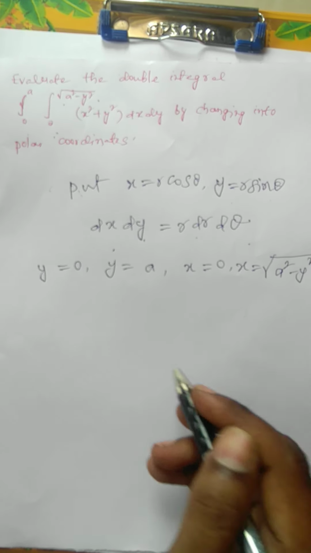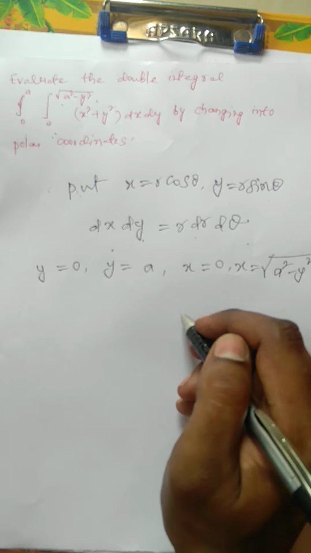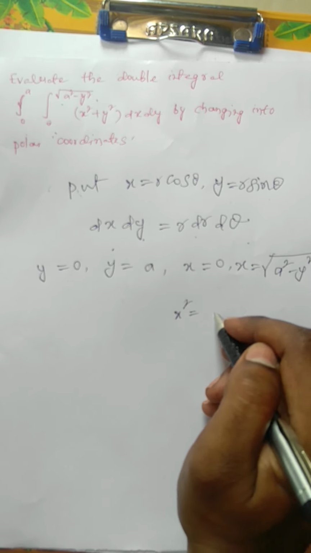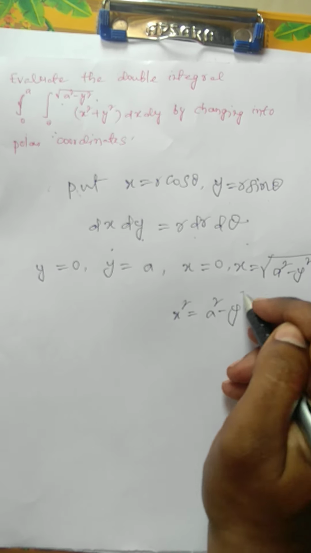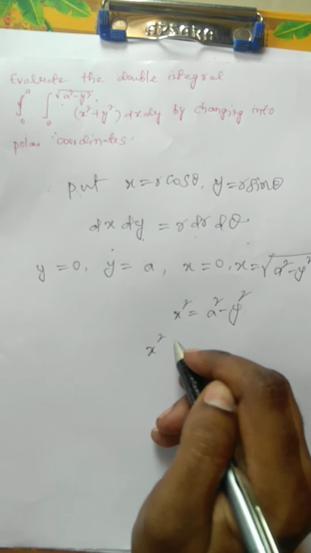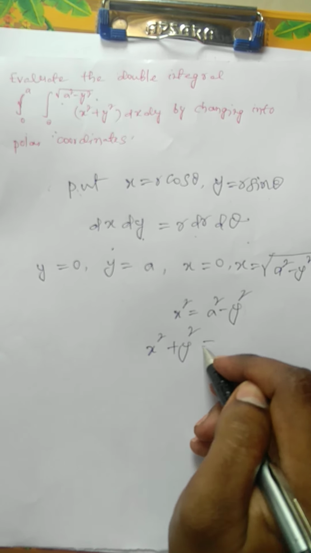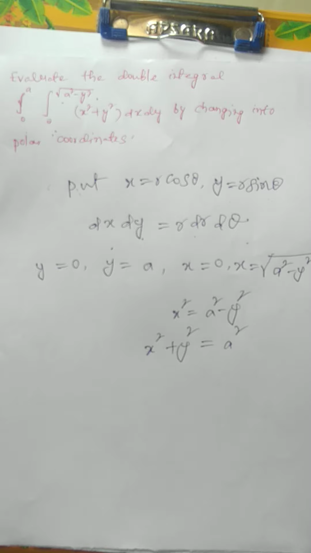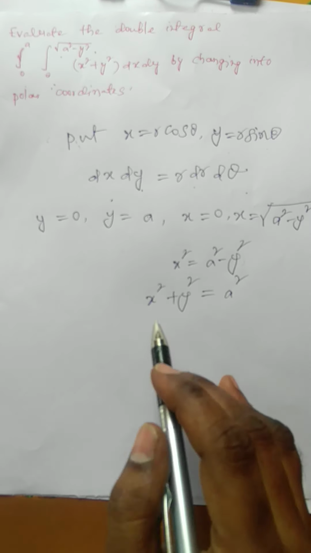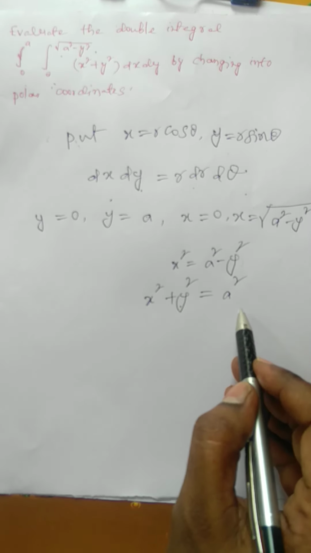Squaring on both sides, x square equals a square minus y square, so we can write x square plus y square equals a square. Clearly it is an equation of a circle centered at origin and radius is a units.